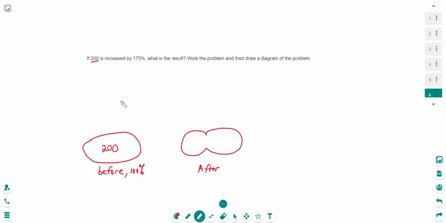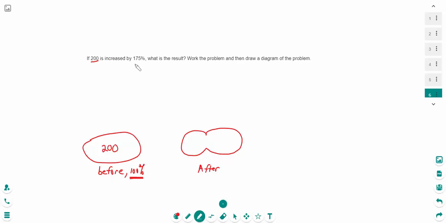So what are we growing it by? Now, this is the pitfall. Watch out. Think about what they're saying here. 200 is increased by 175. If it's being increased by 175, what does that mean? Well, we're starting at 100%. 200 is the 100%. And they didn't say it was increased by 175 as in the number 175.